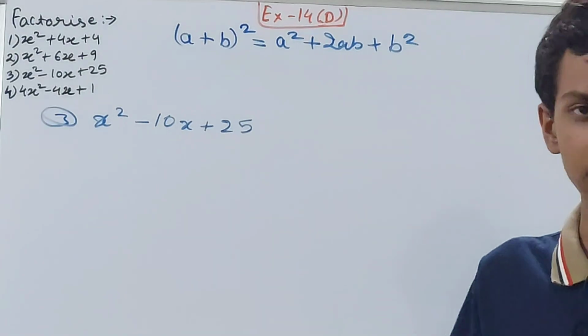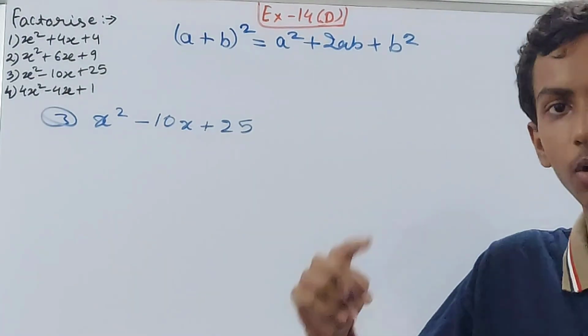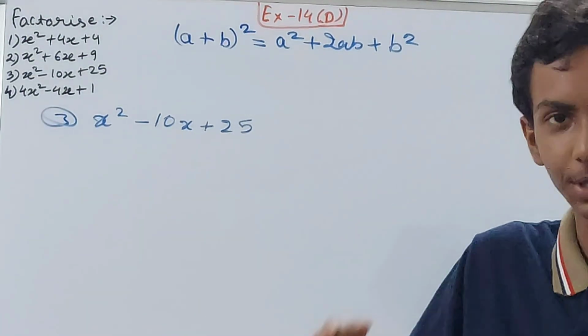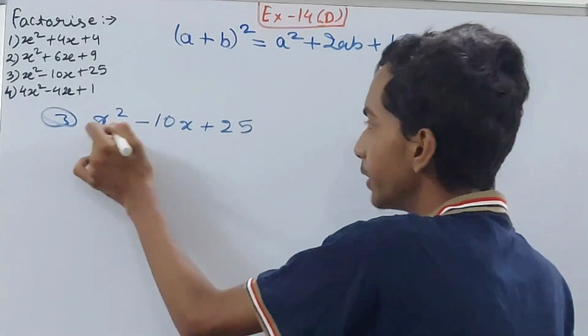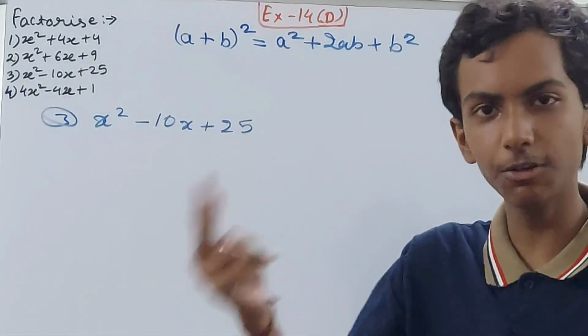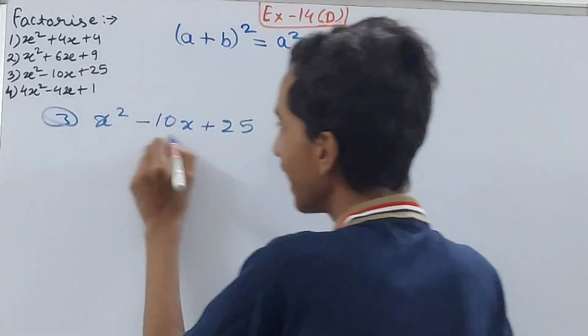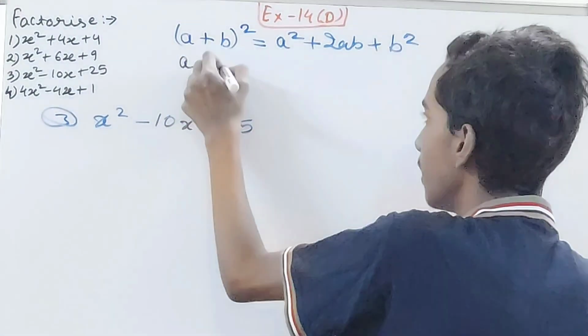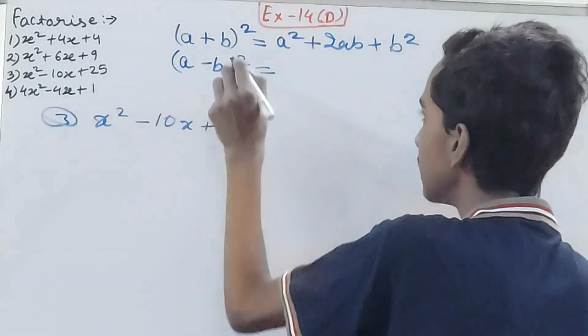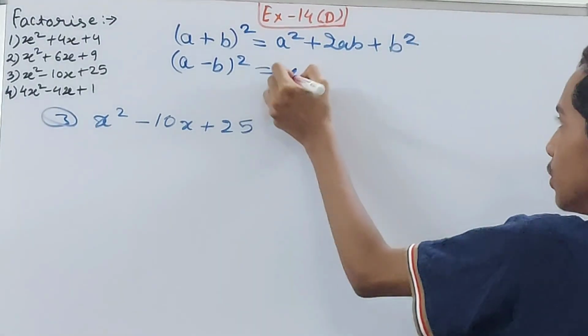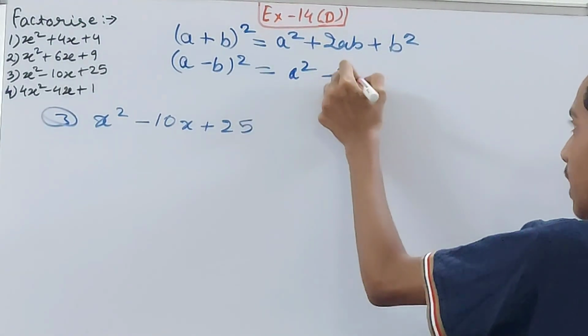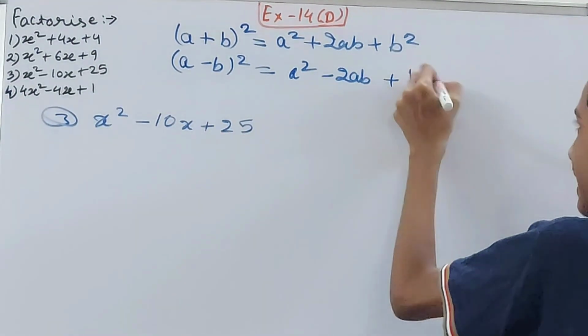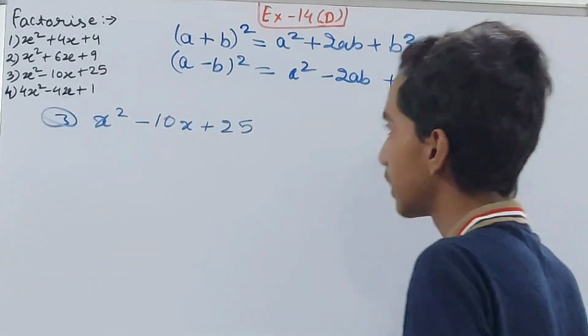Very clearly we know what our square terms are, because square terms in this expression will always be positive. So x square is positive, 25 is positive, and the negative term is your middle term. Now here we will be using a different identity, just the sign is changing, that is a minus b whole square. So you will have a square minus 2ab plus b square. We all know this identity, our expansion.